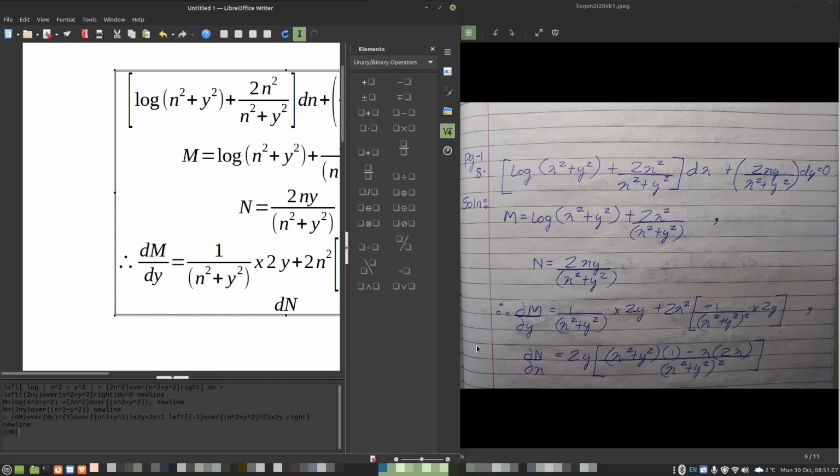dn over dn equals 2y left square brace n squared plus y squared 1 minus n 2n over n squared plus y squared squared.